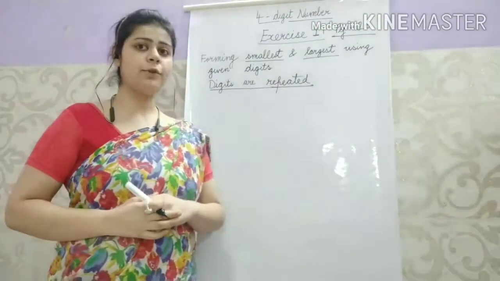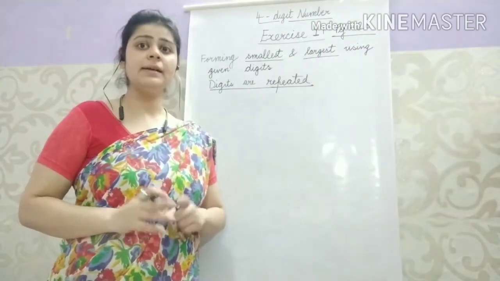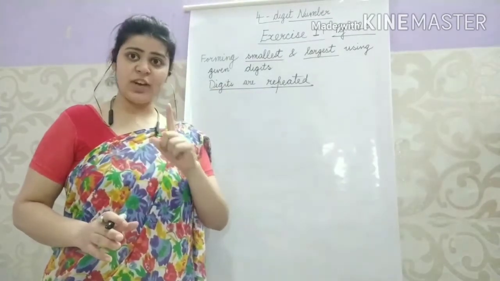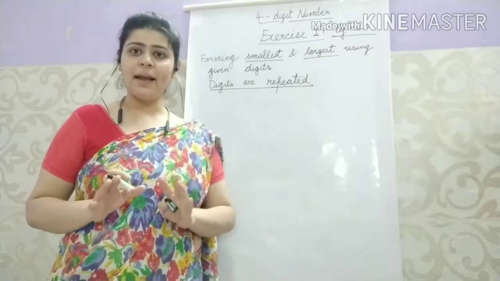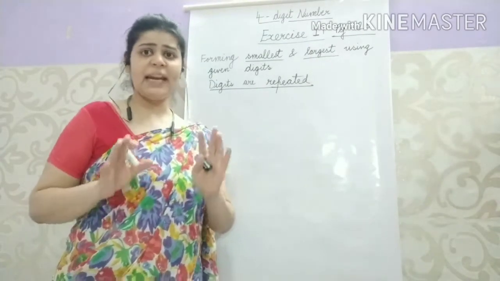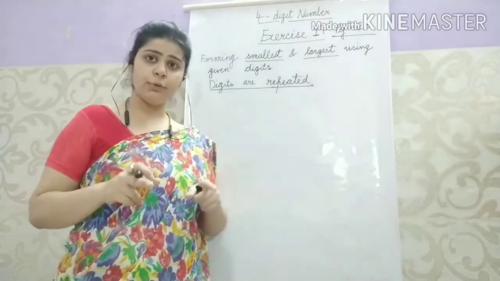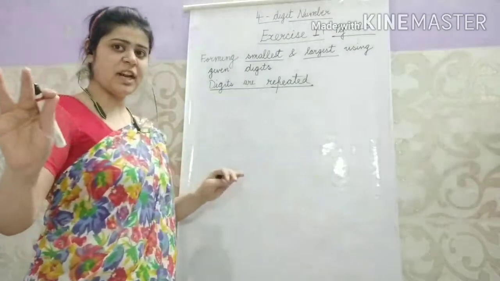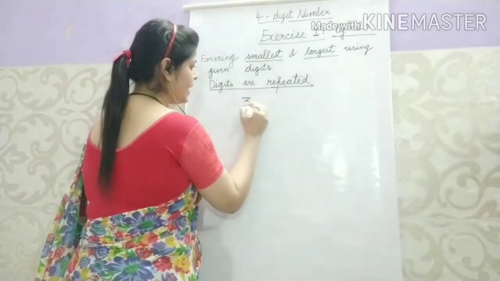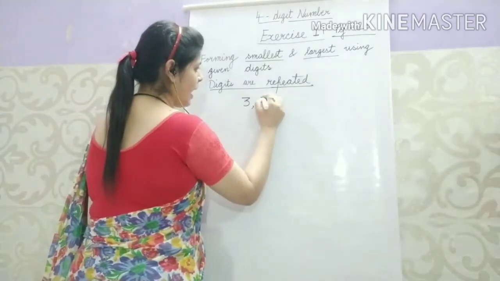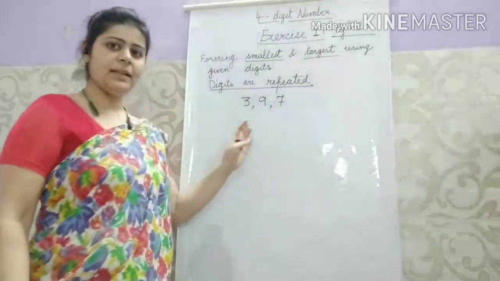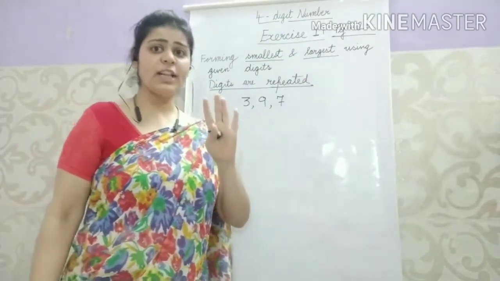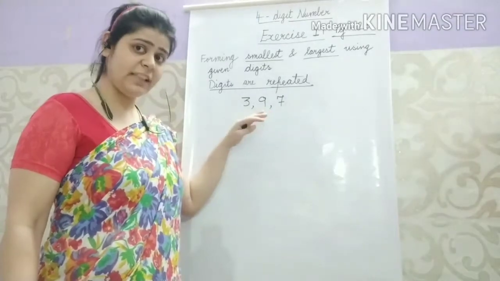Now, what you have to do? Now you have to form a smallest 4-digit number while repeating the digits which are given. If any digits are given to you, but only 3 digits are given, like 3, 9 and 7, and you have to form a 4-digit number with the help of these 3 digits.